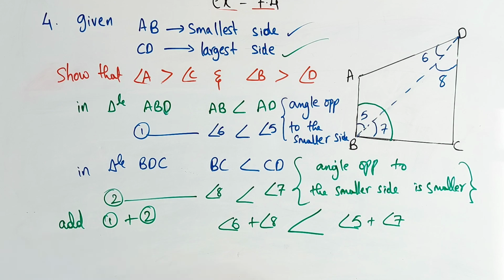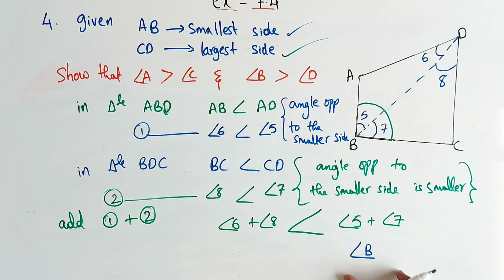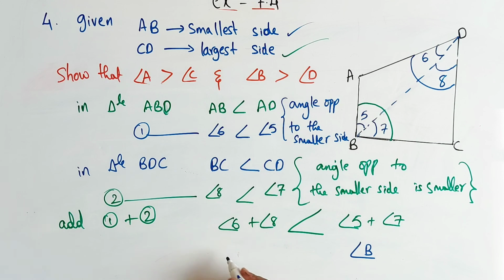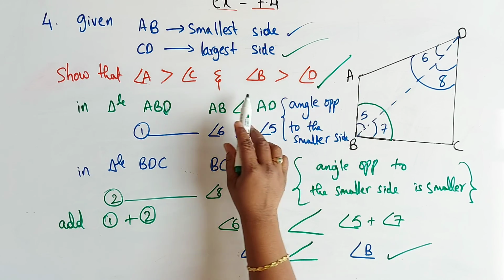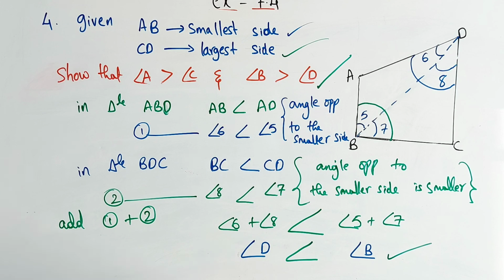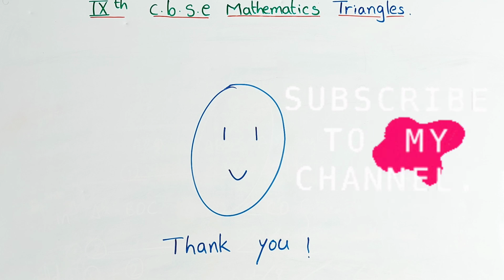This is angle B. In place of angle 5 and angle 7, we can write angle B. What is 6 plus 8? That is angle D. So here angle D is lesser than angle B. Correct, children? That's what we have to prove. Angle B is the greater angle. Correct? We'll finish the remaining questions in the next session, children. Thank you very much.